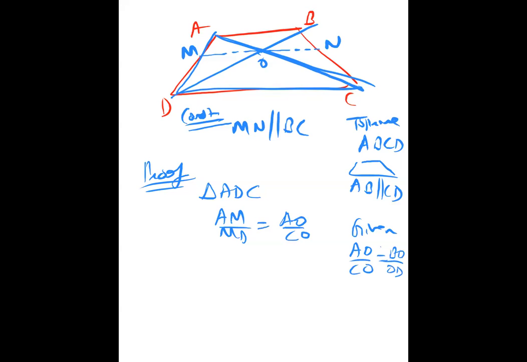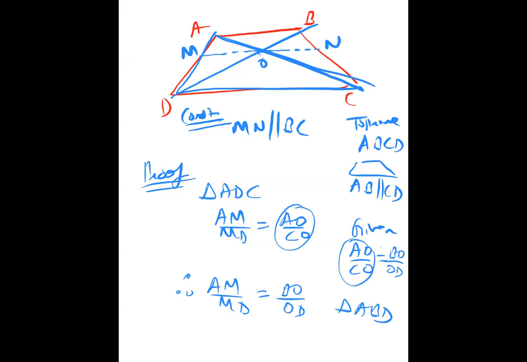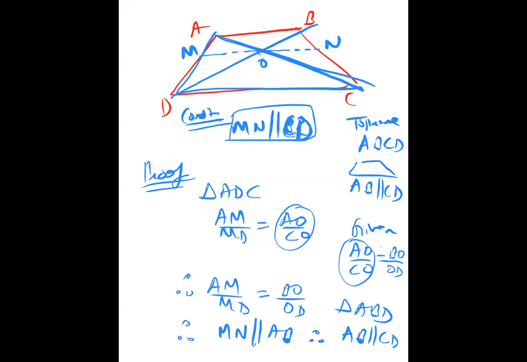Therefore, AM by MD is equal to BO by OD in triangle ABD. By converse of BPT, we can say that MO or MN is parallel to AB. Therefore, AB is parallel to CD, because MN is also parallel to CD. So therefore, AB is parallel to CD.